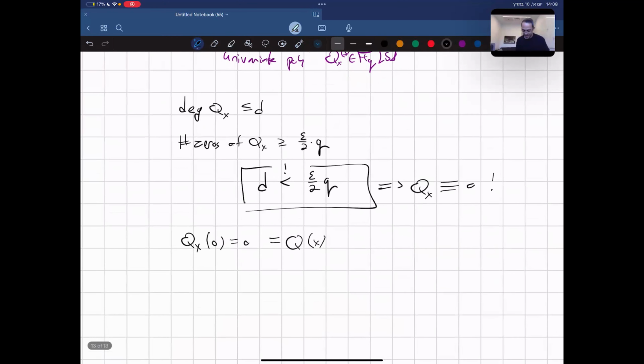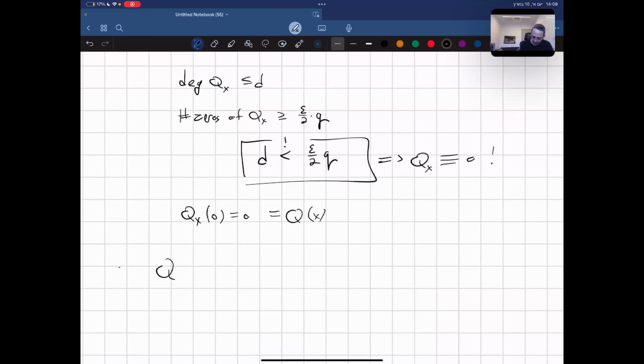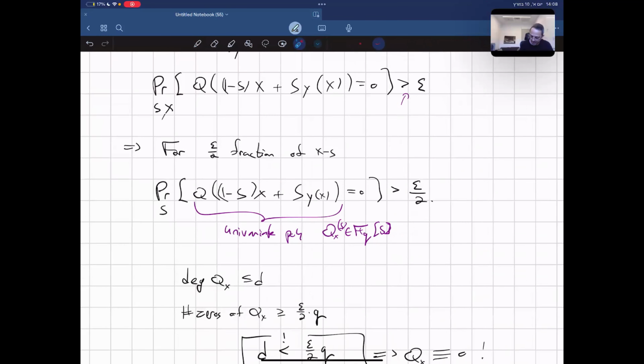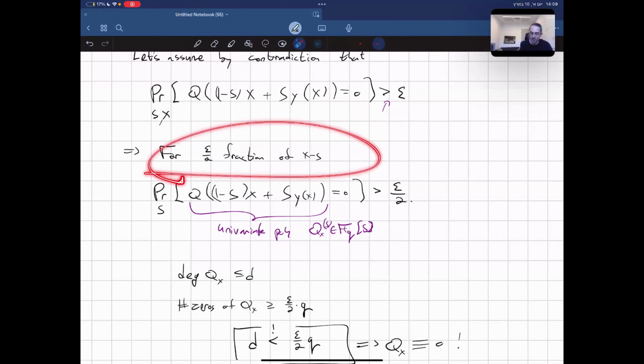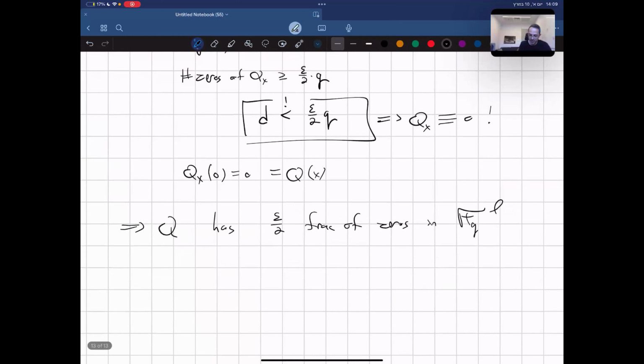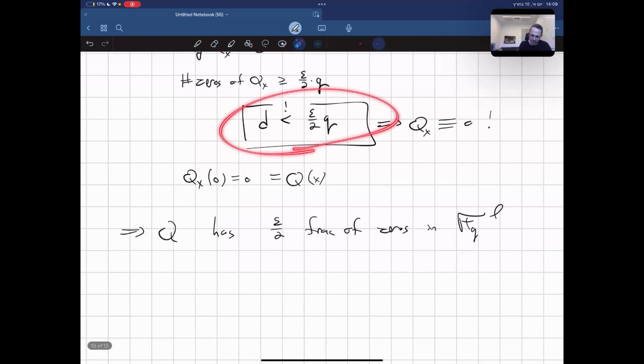Okay, but now we got many zeros, right? So now we know that Q has epsilon over 2 fraction of zeros in F_q to the L, right? Because every x like that is a zero of Q. But if we choose the parameters correctly, and actually we don't need to because it happens to be what we chose here, this will contradict the Schwartz-Zippel lemma, right?